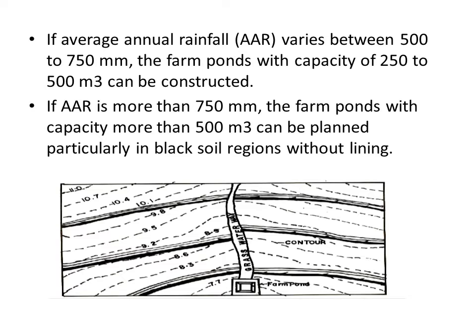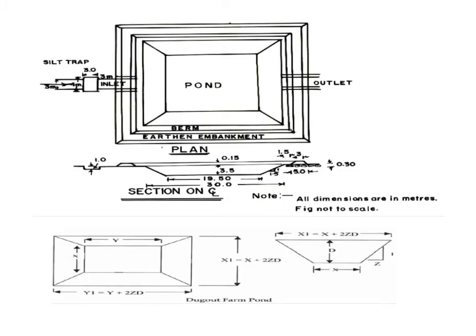You can see how the farm ponds are formed. You can see the contour layout, and you can see the drain which drains the water to the farm pond. You can see the plan, elevation and sections of the farm pond.